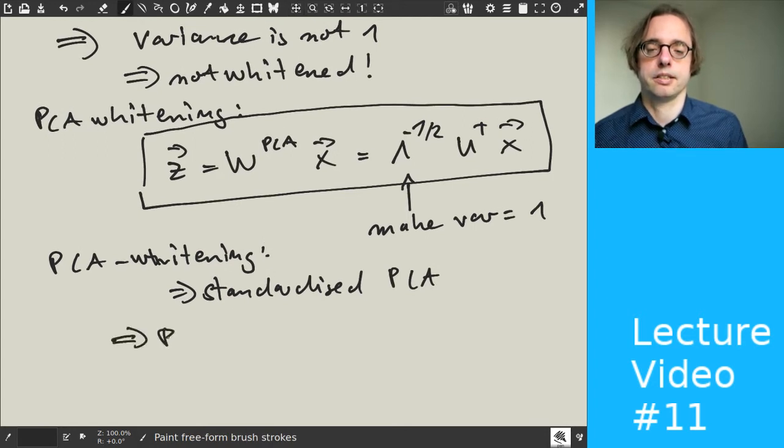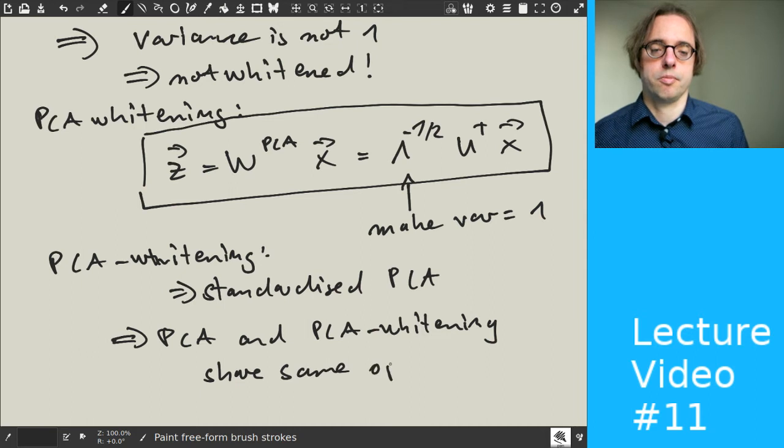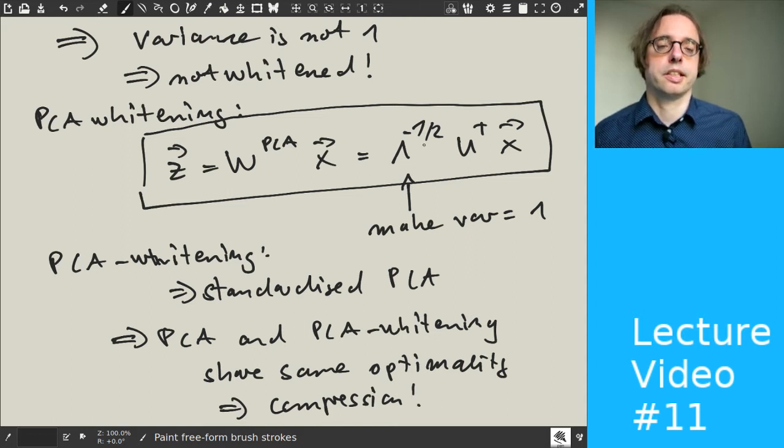So PCA and PCA whitening share the same optimality, and in particular they're both concerned about compression. The only thing that really differs is whether the latent components are rescaled to 1 or not. So that's it basically. PCA is an unstandardized version of PCA whitening.